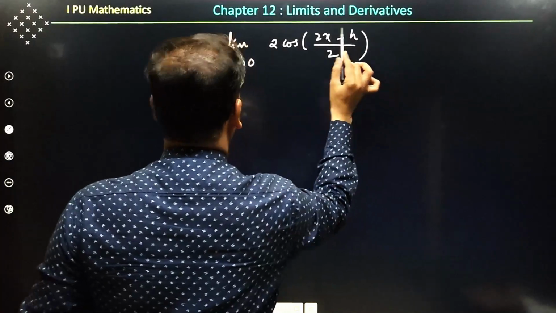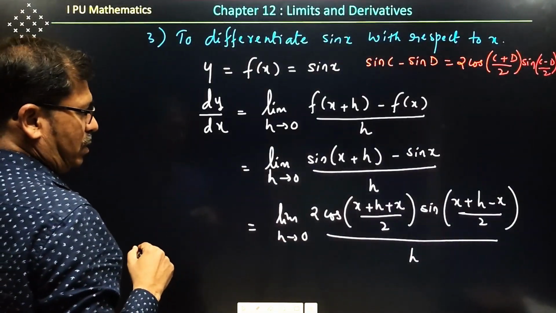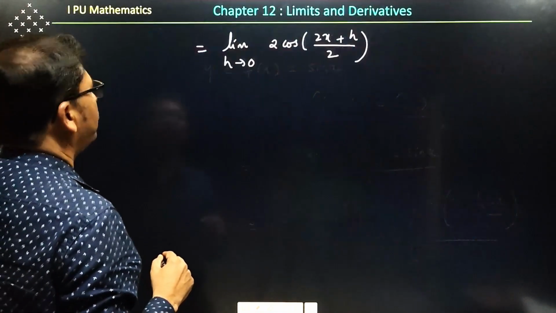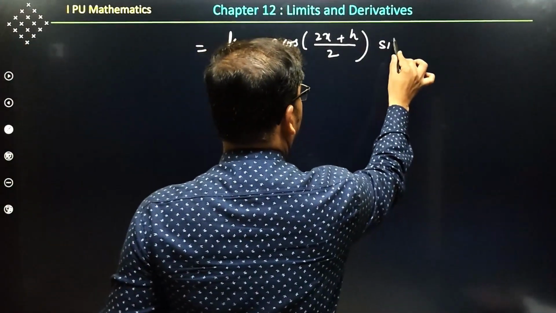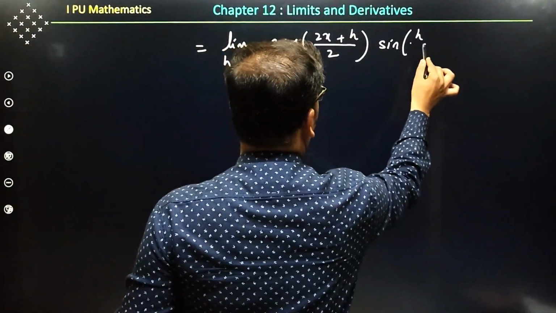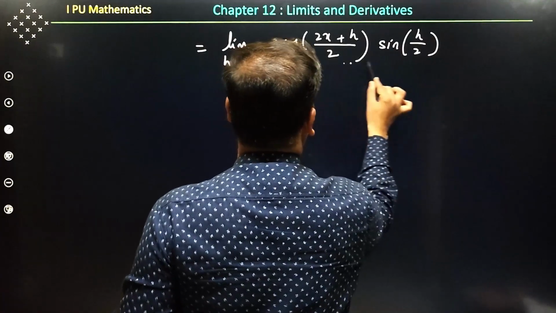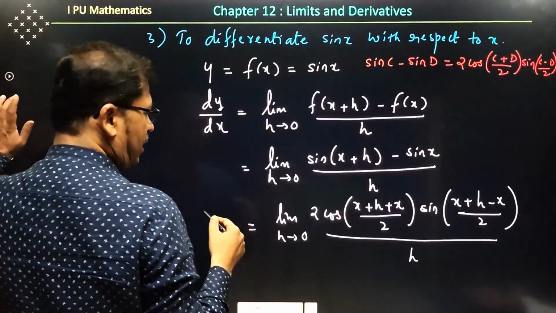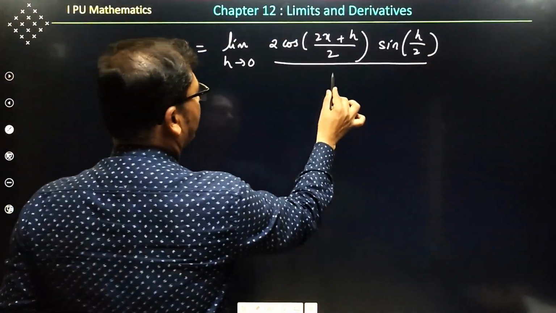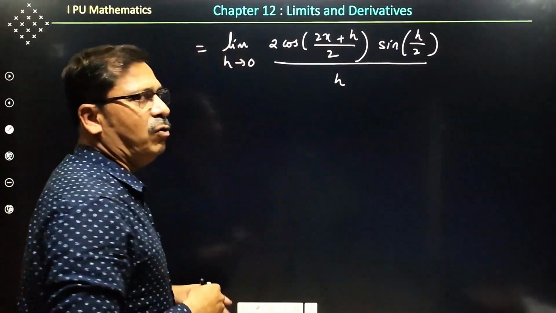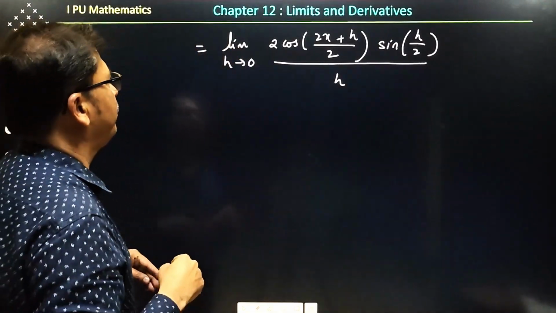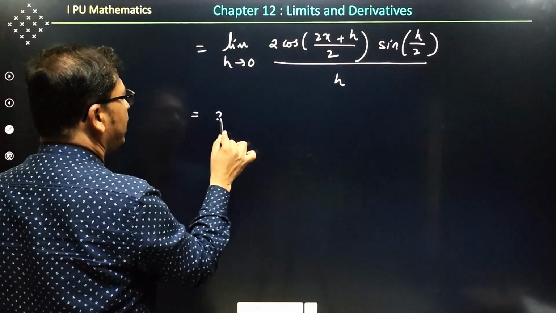This is 2x plus h by 2 into sin of h by 2. The x cancels there. Sin of h by 2 whole divided by h. Now I would like to apply the rules of limits. 2 is a constant that can be taken outside.